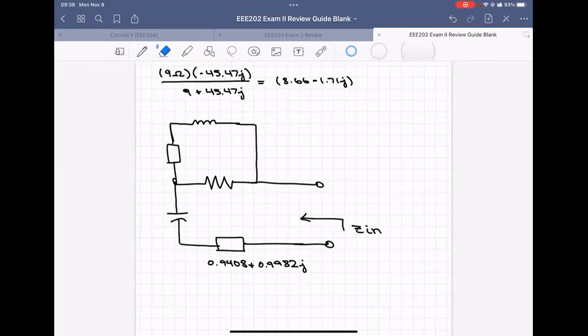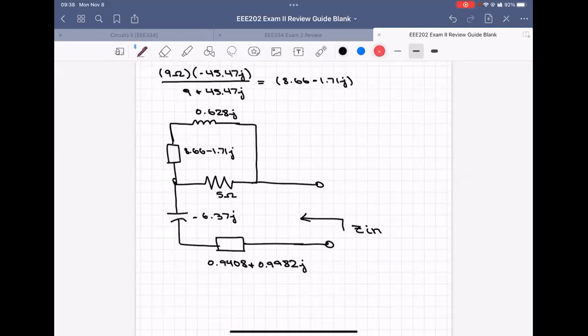So I'm looking at this, and we got 8.66 minus 1.71 J and 0.628 J, 5 ohms, negative 6.37 J. Awesome. And now you would just simplify this like any other circuit until you get to one impedance at the end.